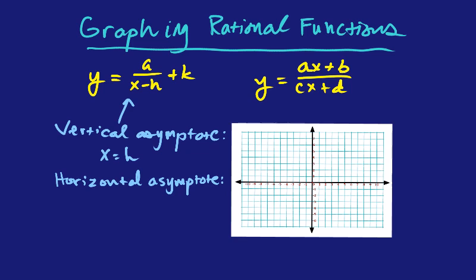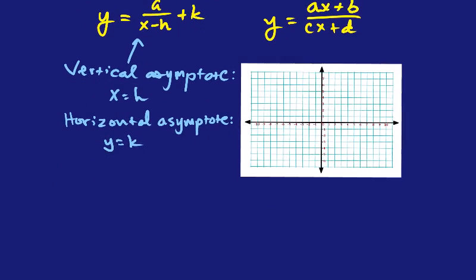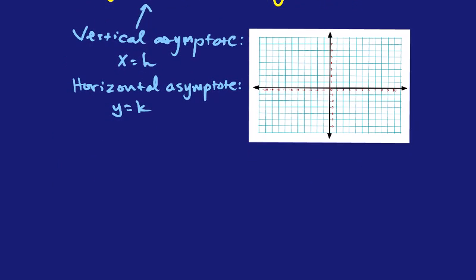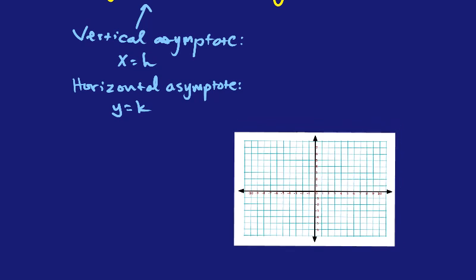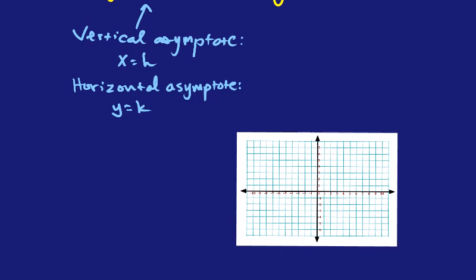If there is a vertical shift, then it's going to be at y equals k. So it moves from 0 up or down to whatever that value is. All right, so let's try to graph one. That's the basic gist of that form, and we'll see how that works for us. Let's move this down a little bit, and let's try one out.